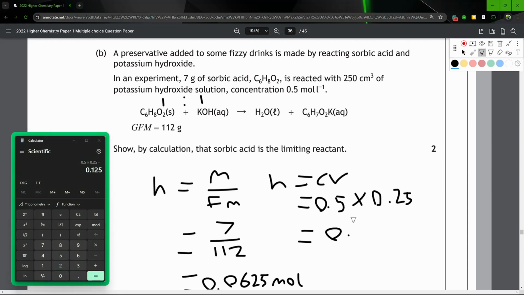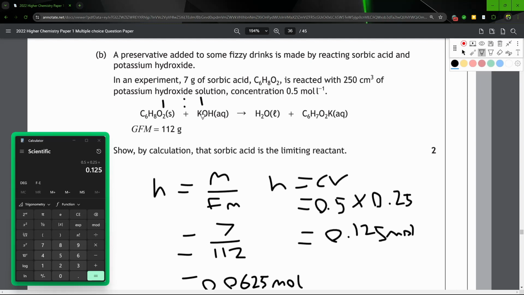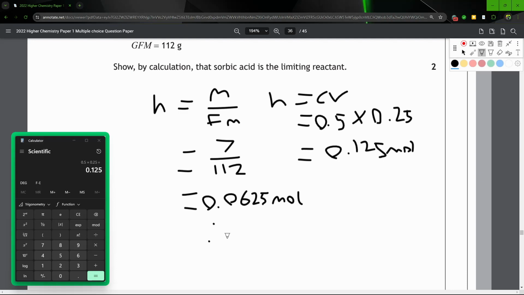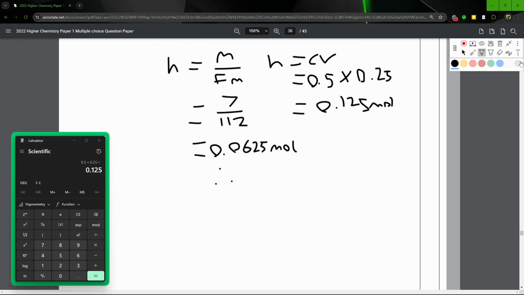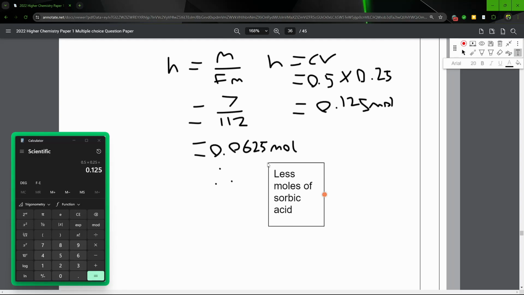We can clearly see that there are more moles of the potassium hydroxide. So, just to spell it out, there are fewer moles of sorbic acid than moles of potassium hydroxide. So sorbic acid is the limiting reactant.